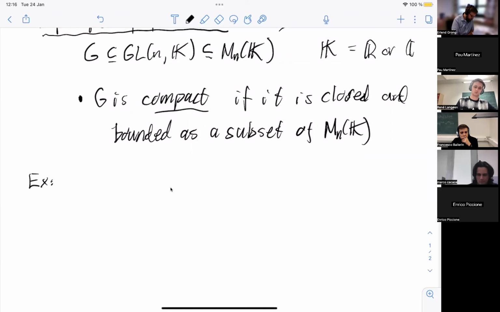For example, we can do the orthogonal group. Recall that these are matrices such that A times A transposed is equal to the identity.